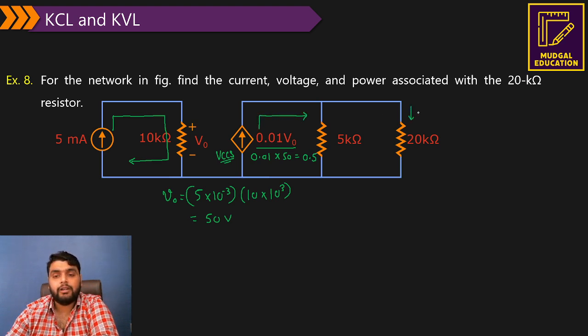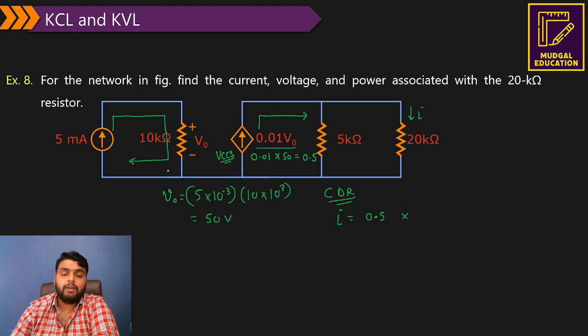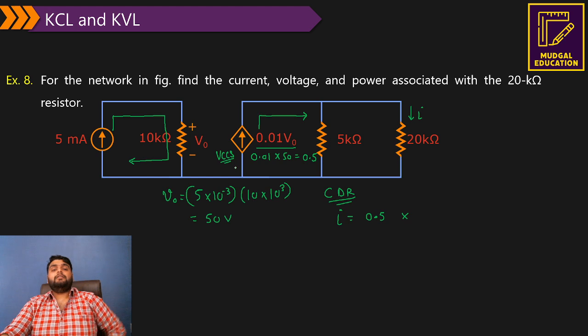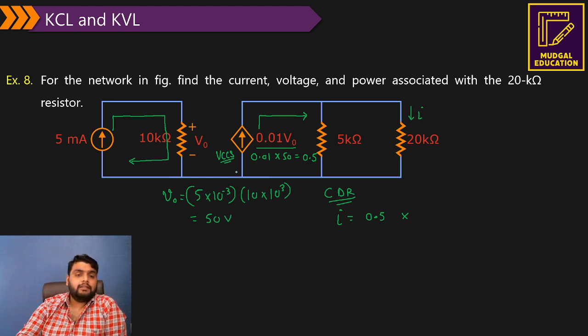I can find out a current I. I can use the current division rule. While using a current division rule, I can say I is equal to 0.5 multiplied by the... it is actually a milliampere. Let me check one thing. They have not mentioned here.